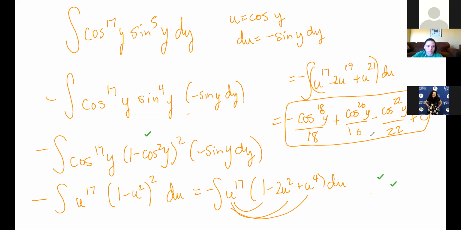Let's see, log of cosine. Was it pi over 4, I think, was the bound?